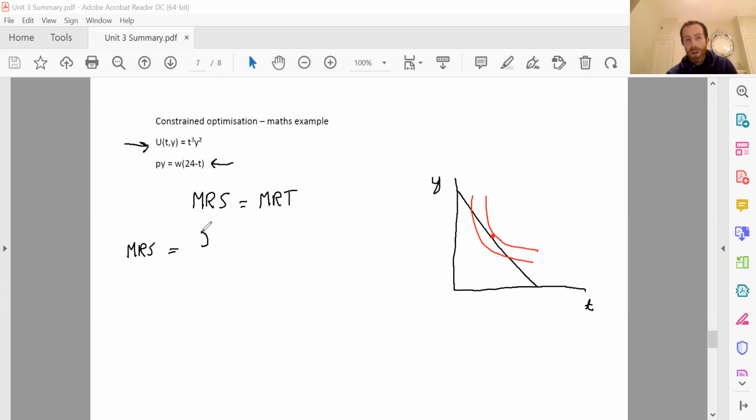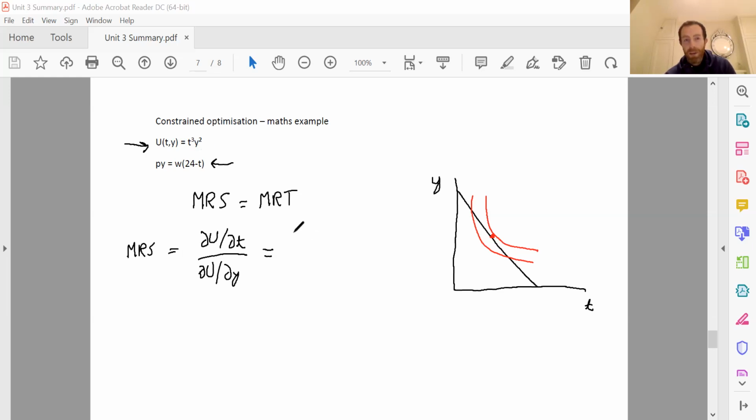So it's going to be the partial derivative of utility with respect to free time, divided by the partial derivative of utility with respect to the amount of consumption.